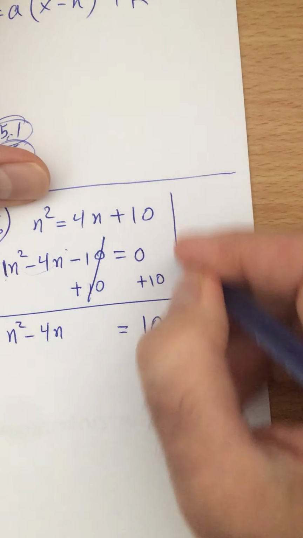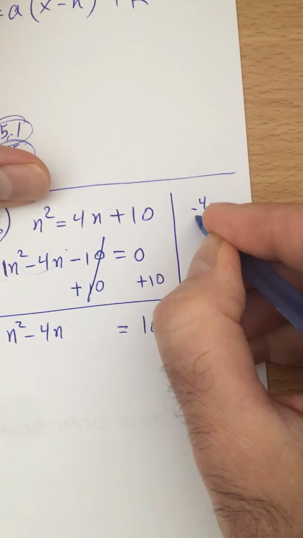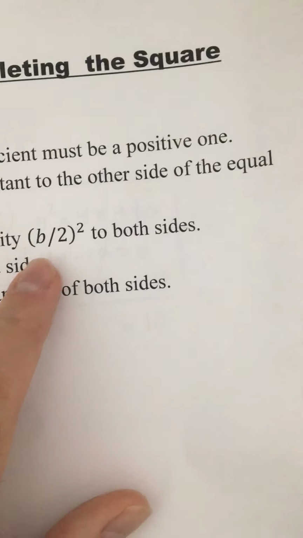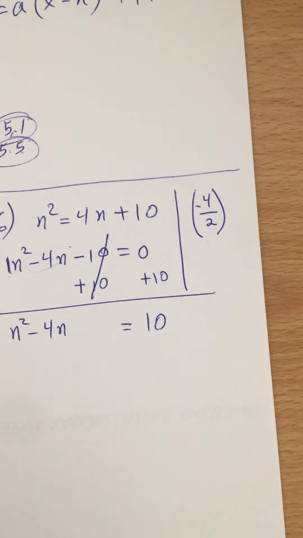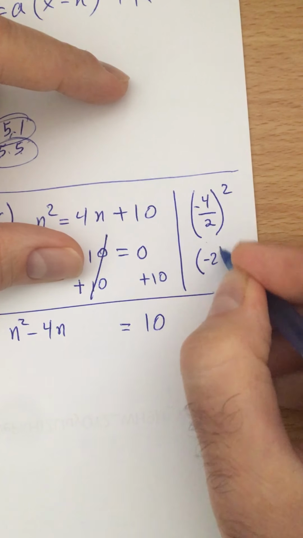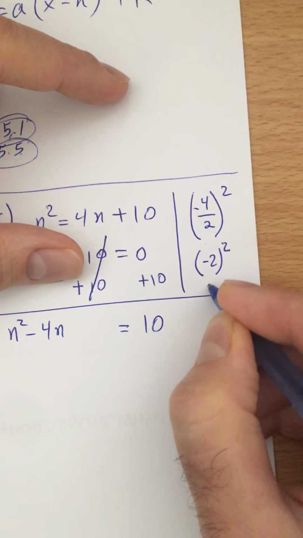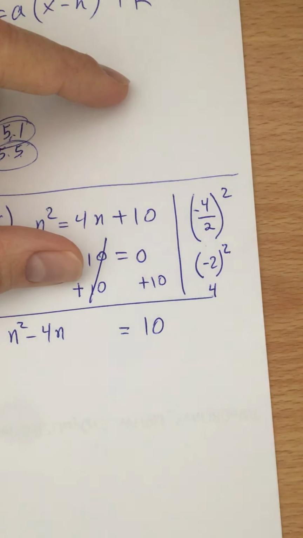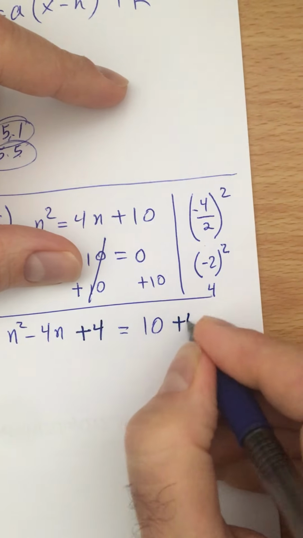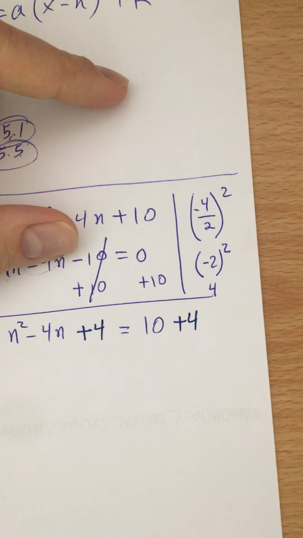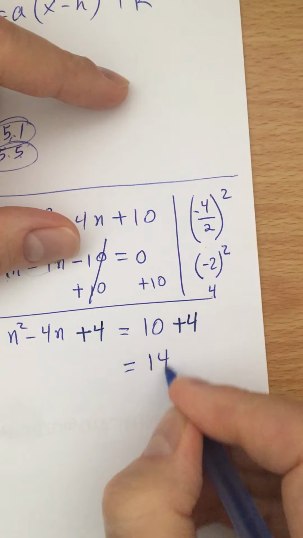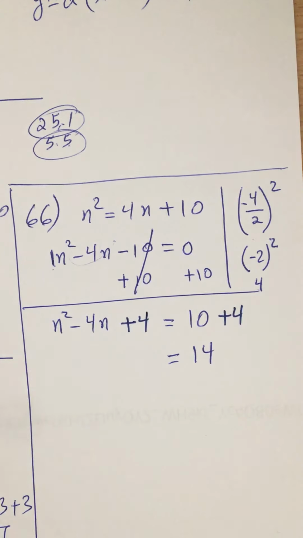So I'm going to take negative 4 divided by 2, squared. What's negative 4 divided by 2? That's negative 2 squared, which gives you positive 4. So you're going to add that number to both sides of the equation. Obviously that gives you 14 on the right side.